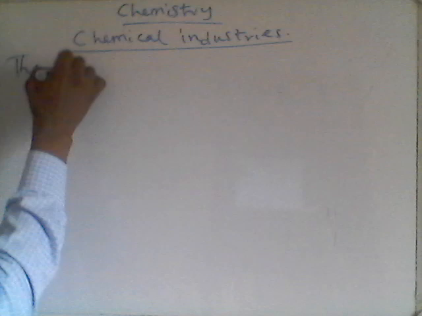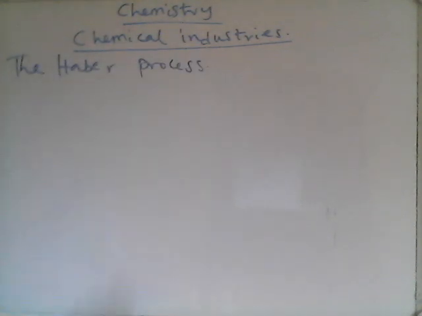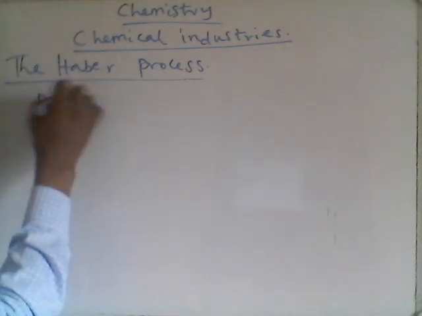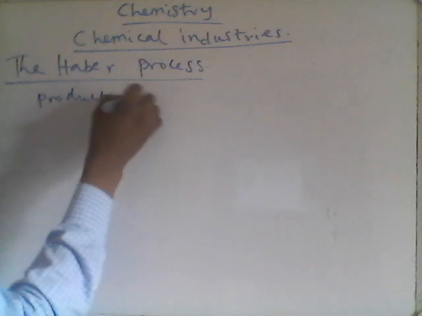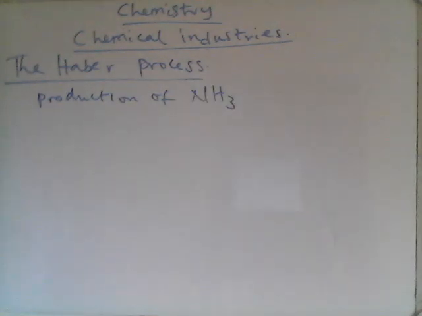The Haber process. Now, this process was developed by Fritz Haber, and it is used for the production of ammonia gas. Ammonia is a very vital chemical used in our laboratories and in our industries.